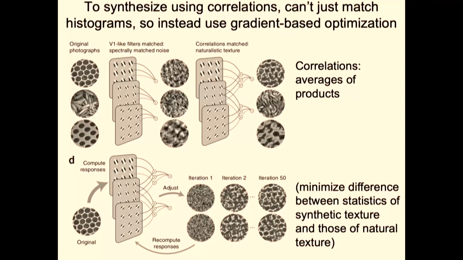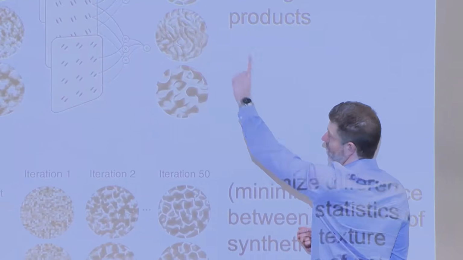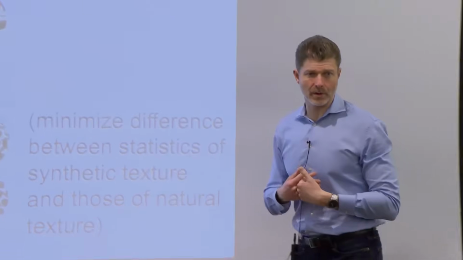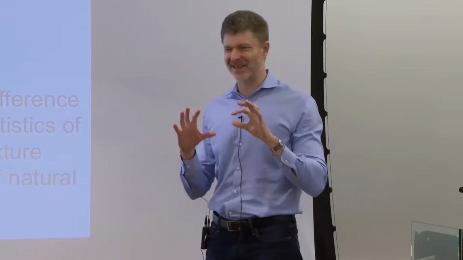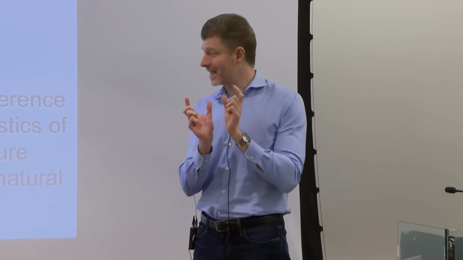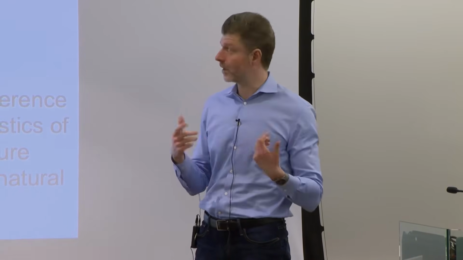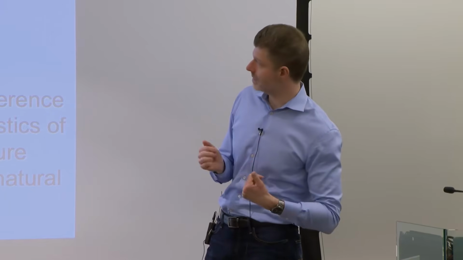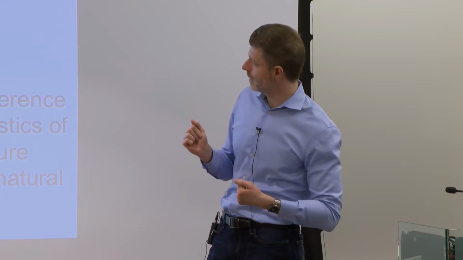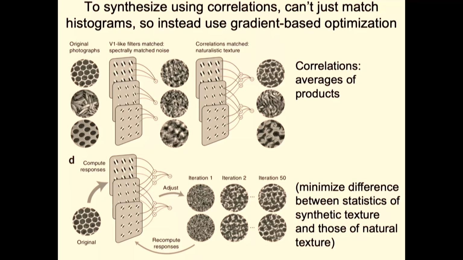You convolve them with a set of V1-like filters, and then you could measure products between these filters and then average those over space, and that will give you a correlation. Right? So a correlation is the average of a product between two variables, maybe with the mean subtracted out. Okay. And so we're going to try to minimize the difference between the statistics of a synthetic texture and those of a natural texture.